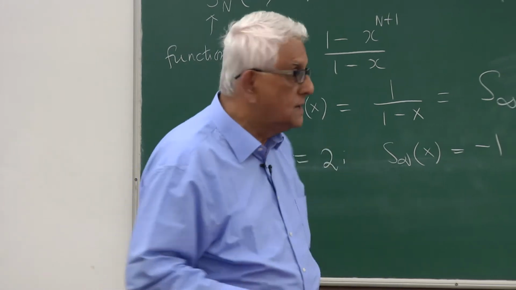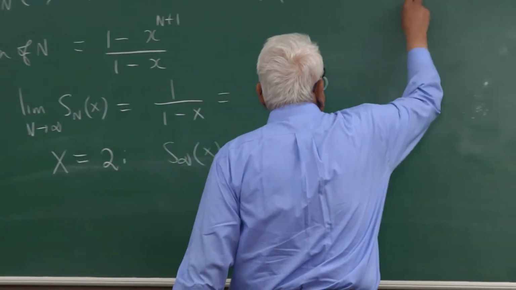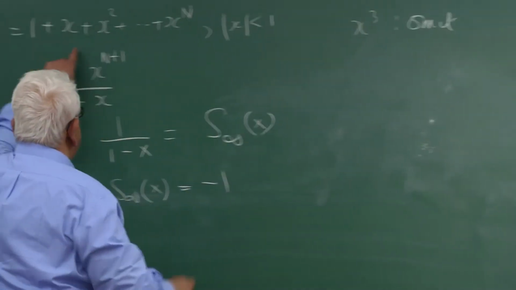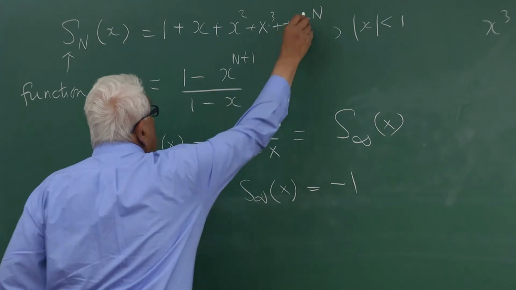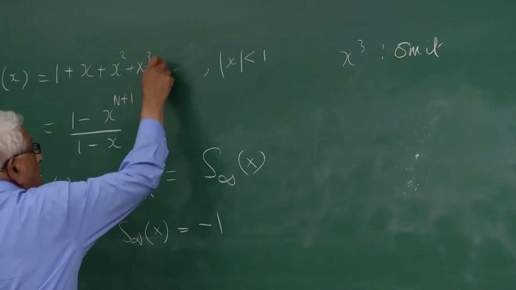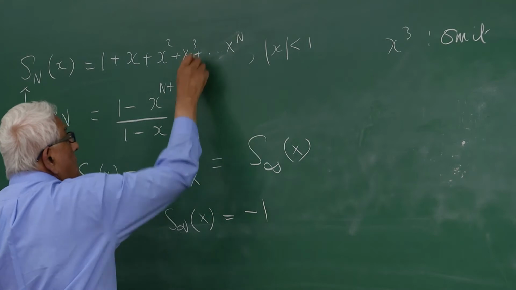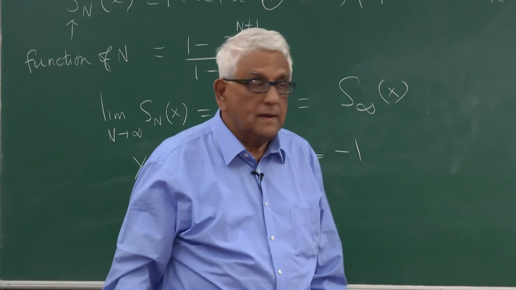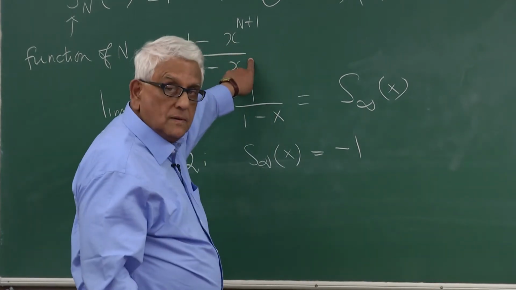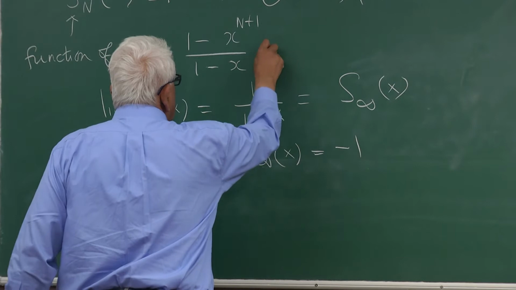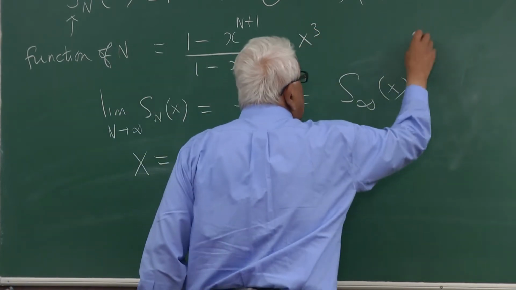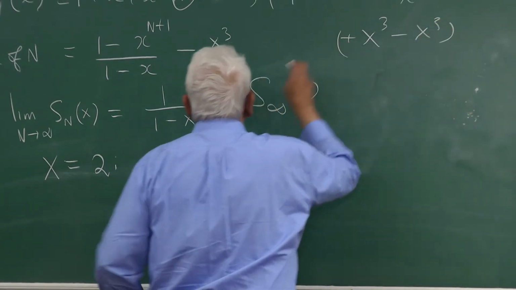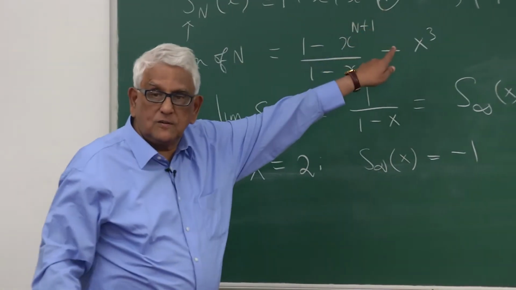If I leave out even one term, this is not true. So for example, let me suppose I leave out x cubed, omit. So I have this series, and this term I throw away. Okay, this is no longer true, but if I add and subtract, then this was left out.